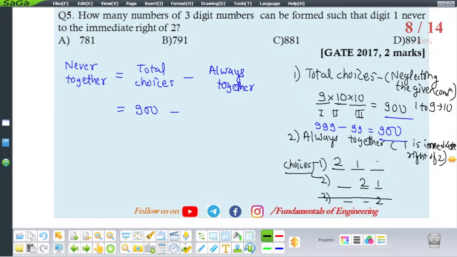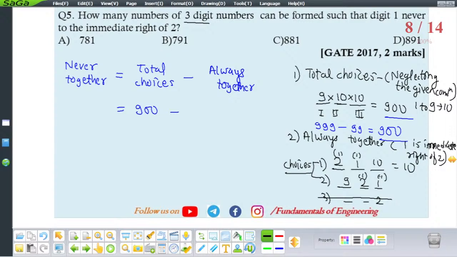So how many choices are there at the other position? From these 10 choices we can use 0, right? So this is one position, this is one position. So 10 into 1 into 1, we are getting 10. Now in the other case, how many choices are there? We can't use 0. If we use 0, we will not get a 3-digit number. So 9, this will be one position, this will be one position. 9 into 1, that is 9.